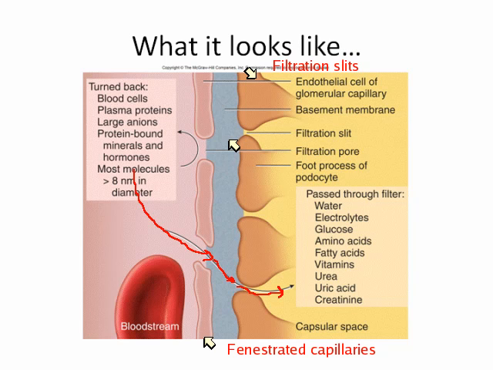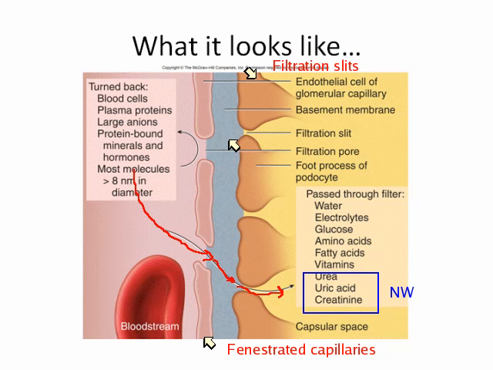You can see a whole list of things there: water, electrolytes, glucose, amino acids, fatty acids, vitamins, urea, uric acid, and creatine. Specifically, we have in the past already discussed those bottom 3. We know that they are all specific types of nitrogenous wastes.